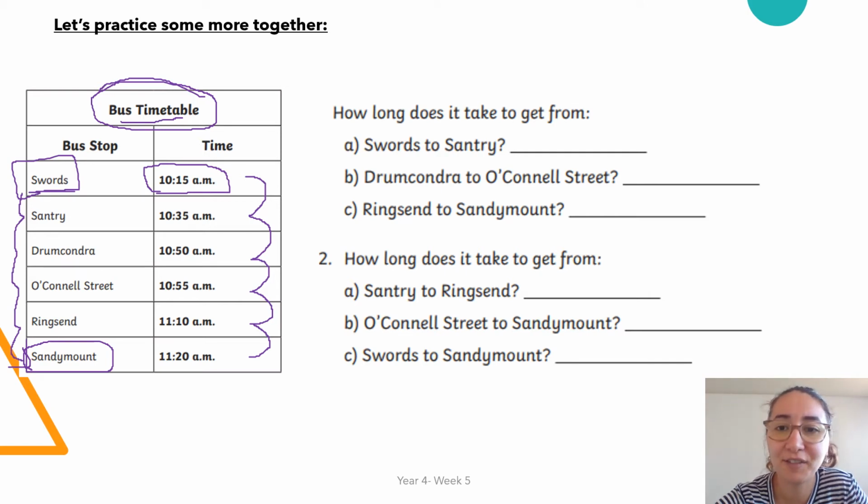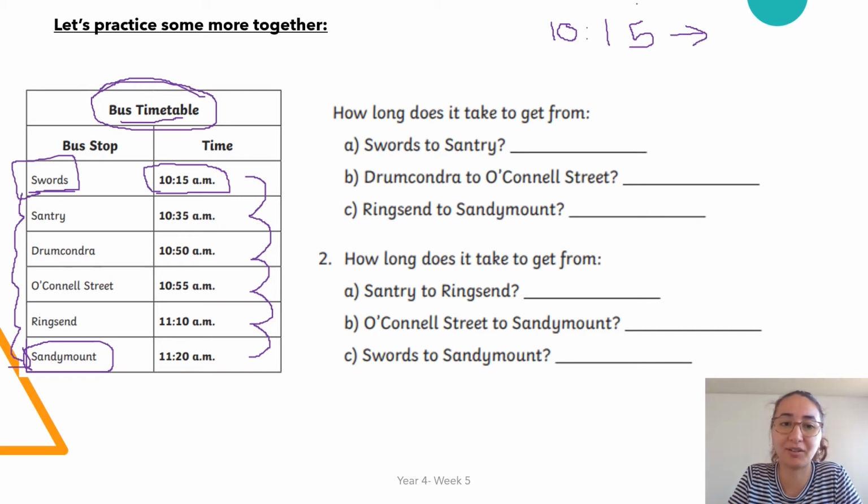So 10:15 to 10:35. Now to get to 10:35, we're going to count by our 5-minute intervals just like on a clock.